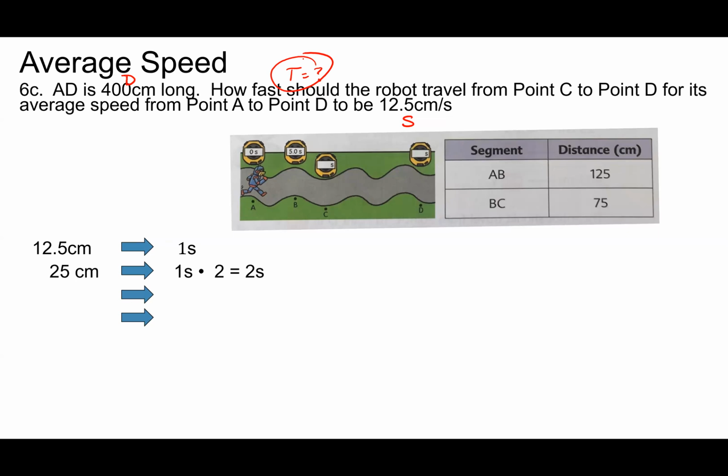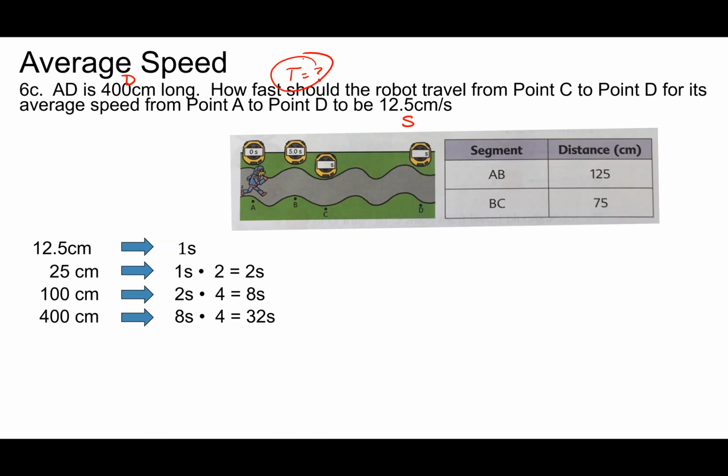Can we get from 25 to 400 more easily? Okay, let's stop off at 100. Let's multiply both sides by 4. So it's going to take him 8 seconds to walk 100 centimeters. Now what do I do to finish it off? Times 4. So it will take him 32 seconds to walk the full 400 centimeters.